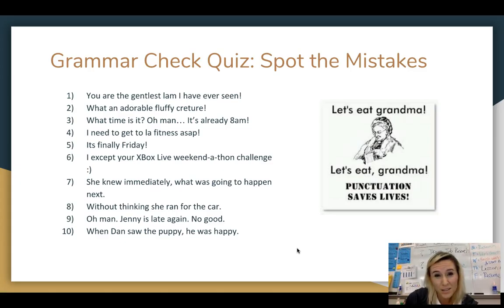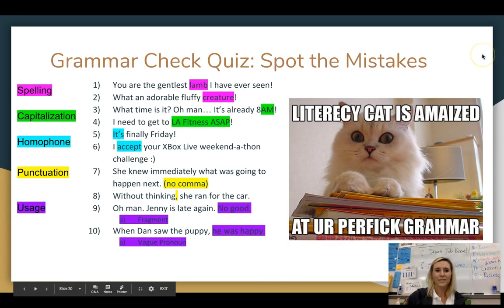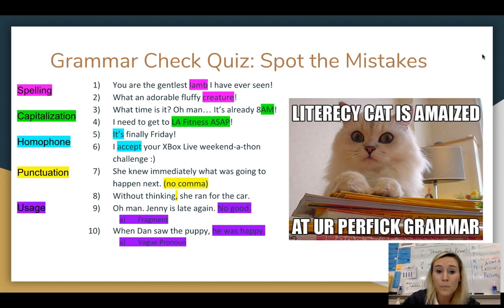Did you find the mistakes? Let's see. The first 2 were spelling errors, lamb and creature. The second 2 had to do with capitalization. AM and LA Fitness and ASAP need to be capitalized. We had some homophone issues in numbers 4, 5, and 6 with its and except versus except.